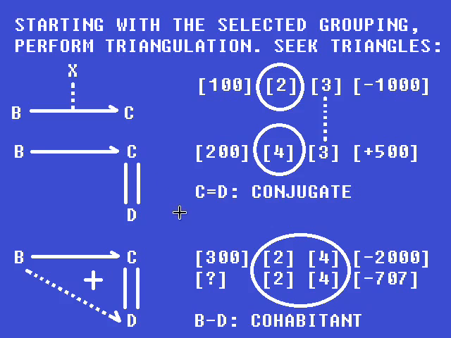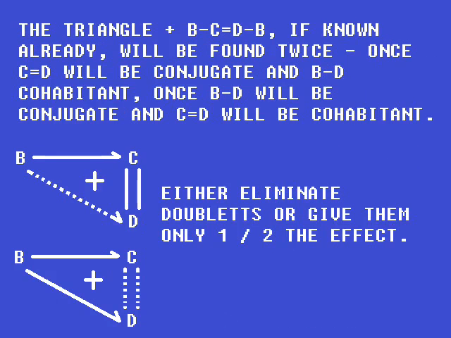Now, obviously, you're going to ask me a question. What makes it clear which one is the conjugate and which one is the cohabitant? After all, if you're having the triangle of B, C, and D, you could be starting with BC. BC is given, yeah? But you could be starting with B and D and concluding CD, or you could be starting with CD and concluding BD.